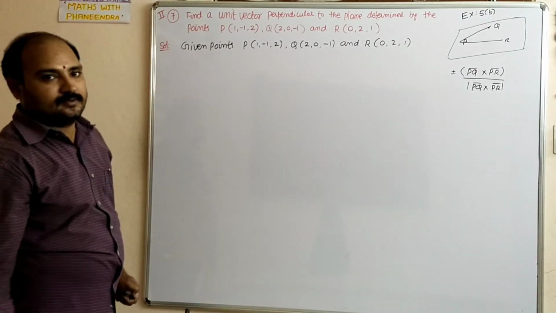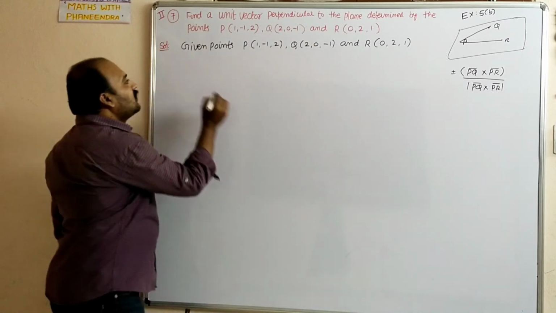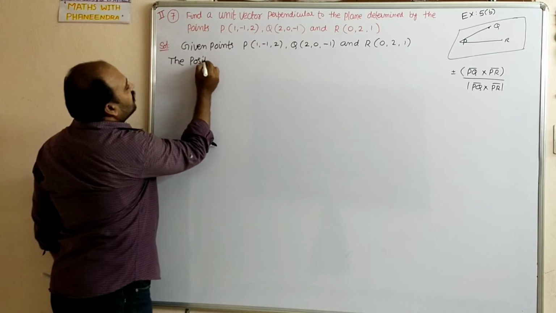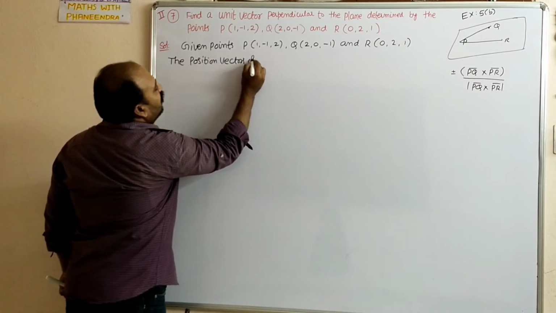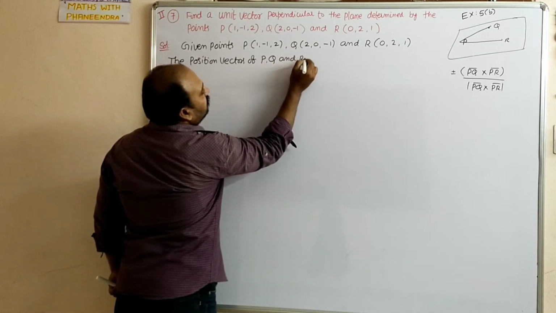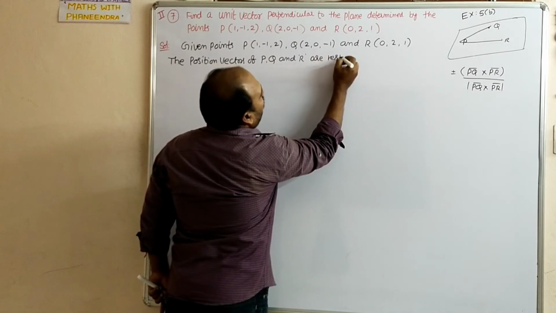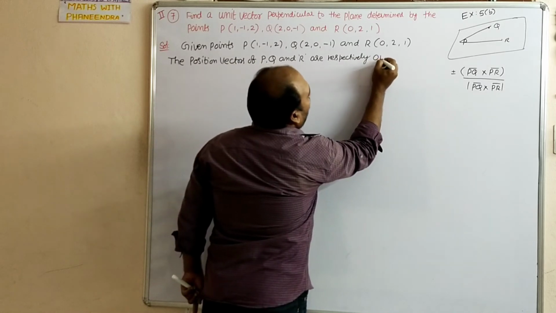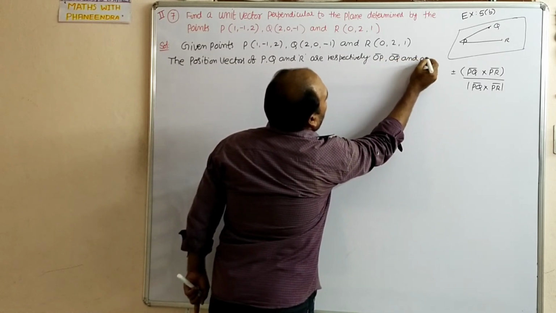After that, the position vectors of these points you have to write. The position vectors of P, Q and R are respectively OP bar, OQ bar and OR bar.